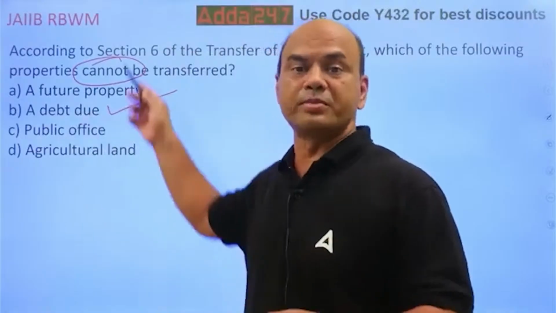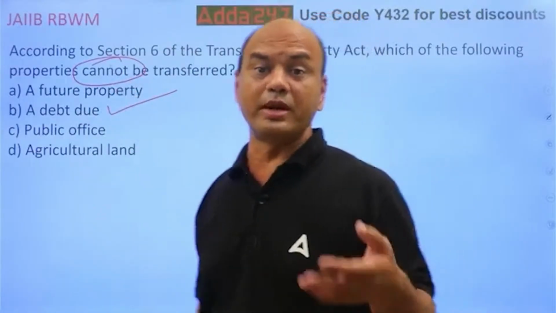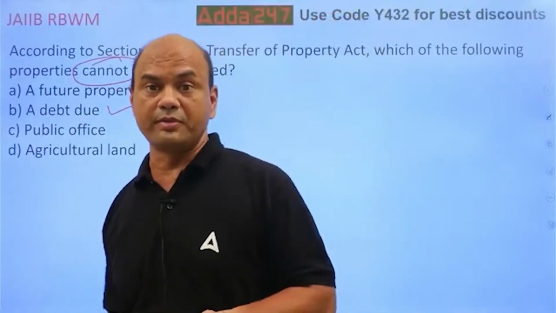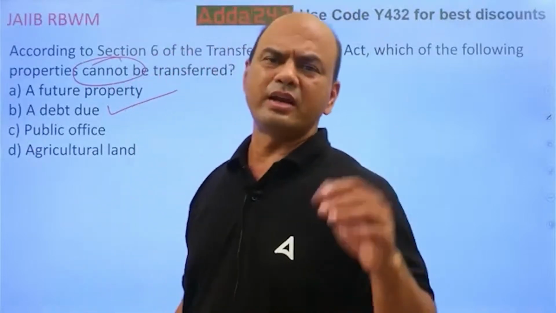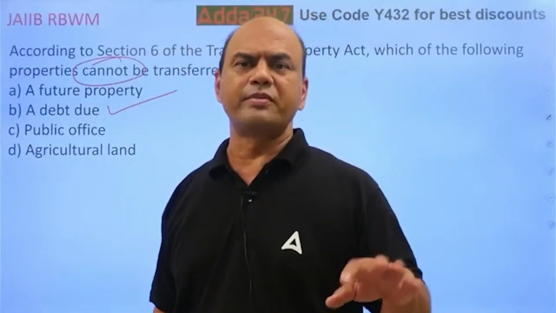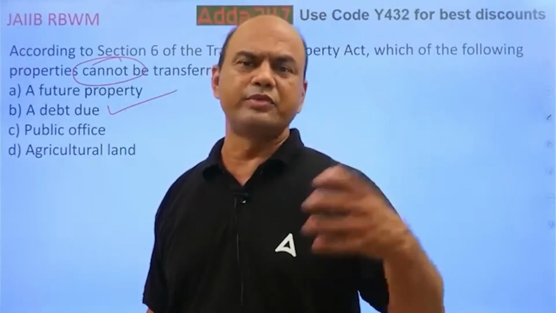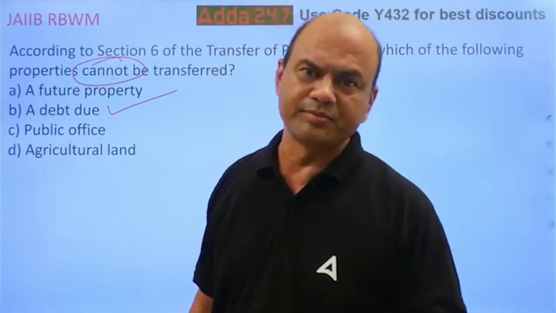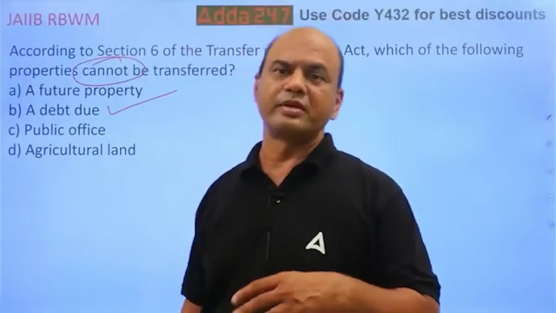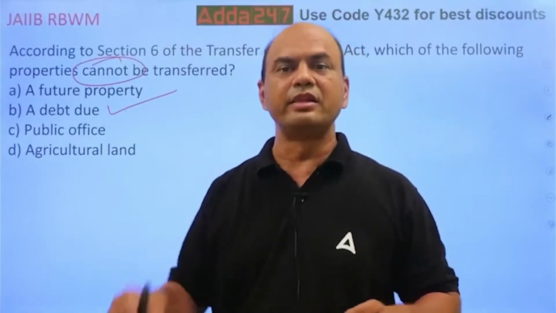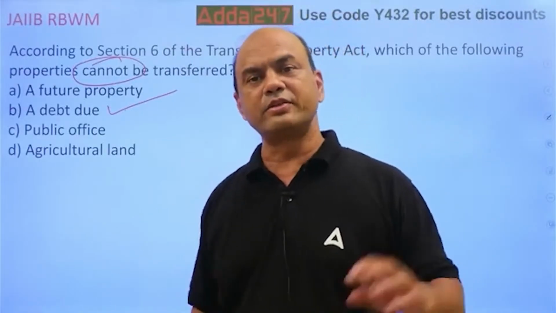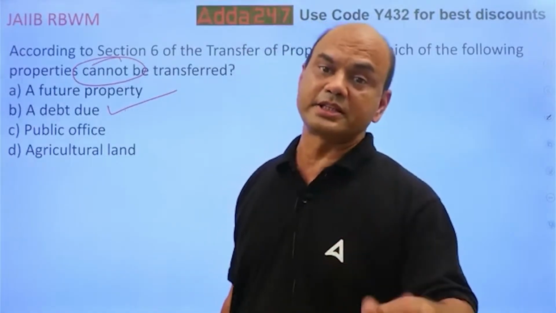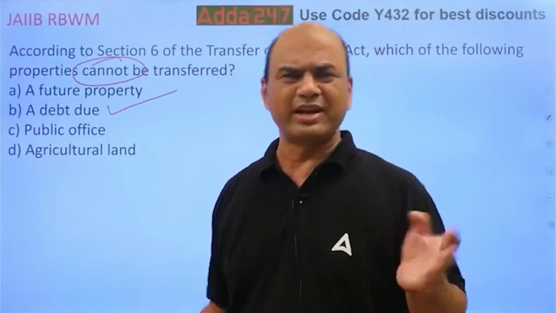I am going to future property. What is this future property? Many of you might have got confused. I am going to get a property in the future, let's say in the next 6 months. My grandfather has written some will, and in that will he has given me a property which I will be getting in the next 6 months. But I don't want that property.